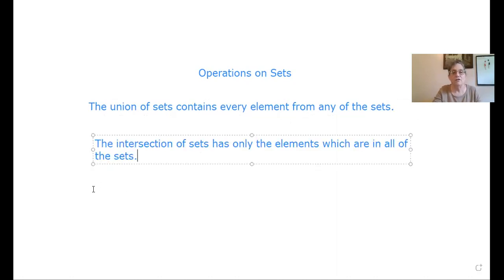The intersection of sets has the elements which are in every one of the sets. So if it's the intersection of two sets, then it would be the elements that are in both of these sets. If it's an intersection of three sets, it would contain only the elements which are in all three sets.